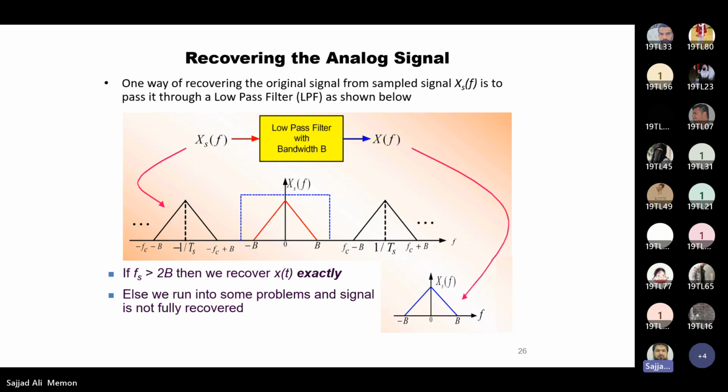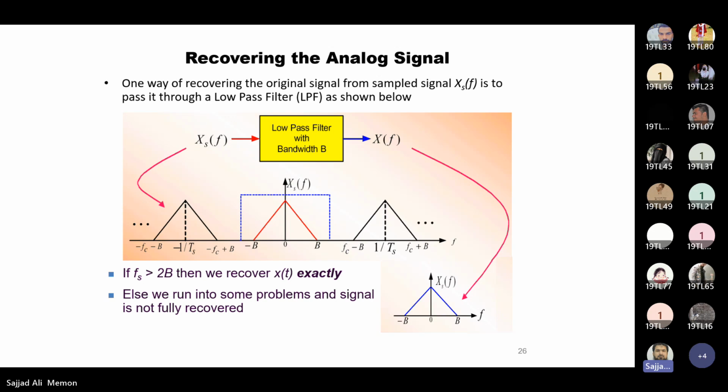So one way of recovering the original signal from the sampled signal x of s f is to pass it through a low pass filter as shown in the figure. When we convert an analog signal into digital, its output could be like this, where you can see multiple samples of the same signal.